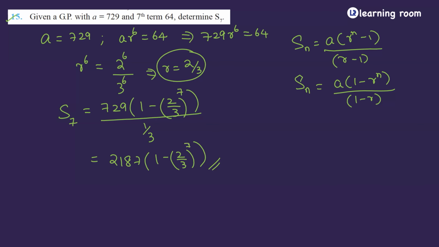It should be to the power 7 here, so it will be power 7.